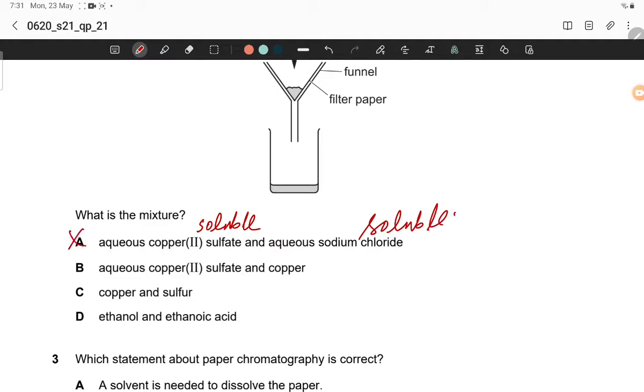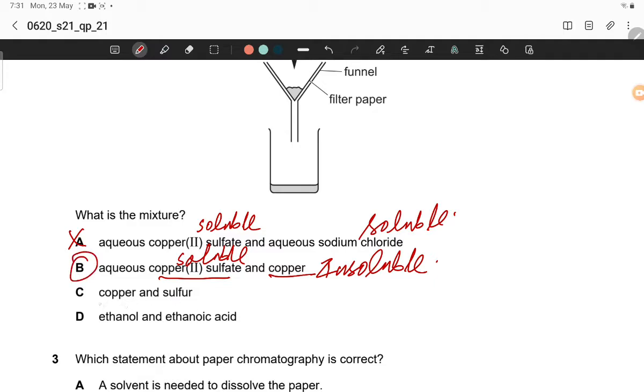So this is incorrect. Aqueous copper(II) sulfate and copper(II) sulfate dissolved. This is dissolved, soluble, and copper solid is insoluble. So this must be correct.